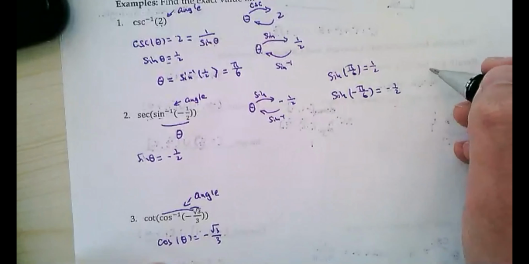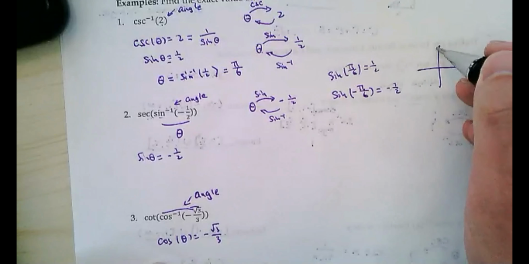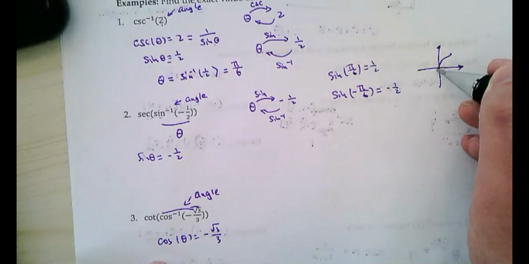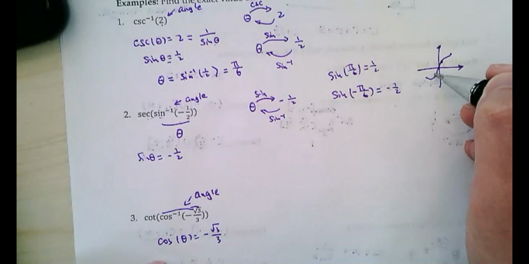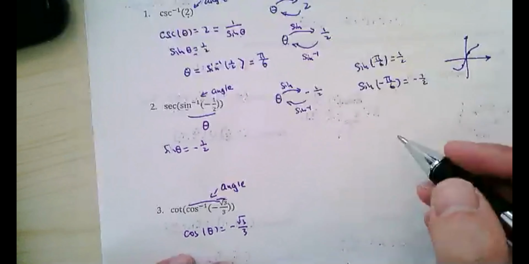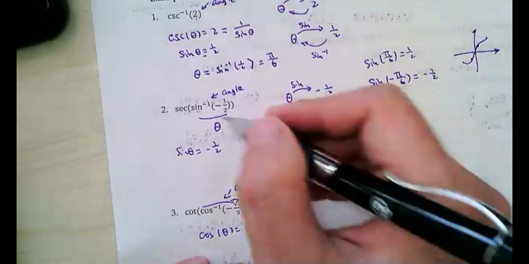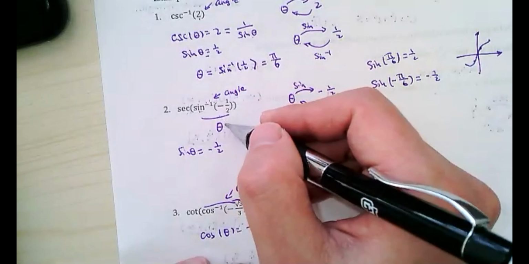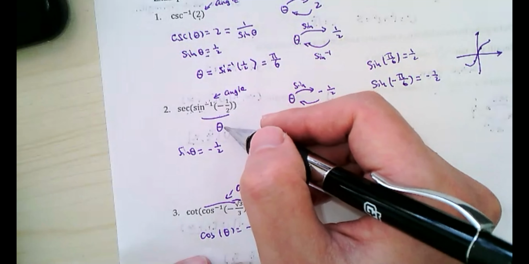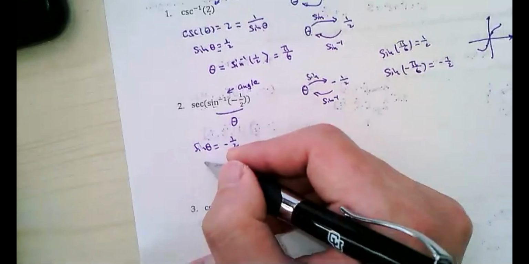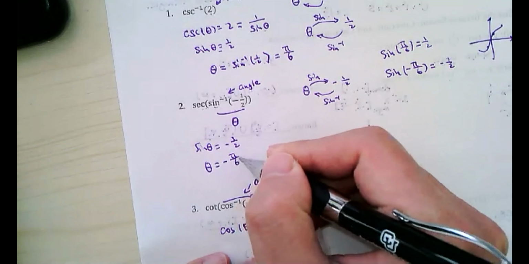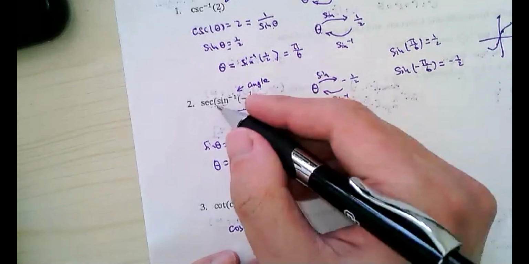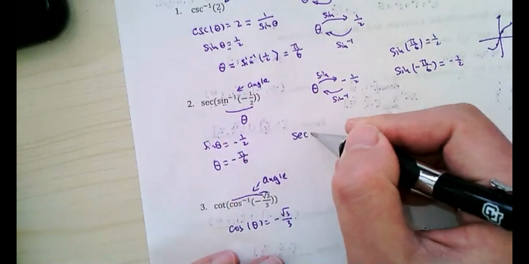Or you can use a graph to help you think about it. This is our sine function, right? So if you have theta equal to pi/6, you get this value. Then for the negative part, you get a negative value of it. So the angle we figure out is -pi/6. So what is the secant of that value?